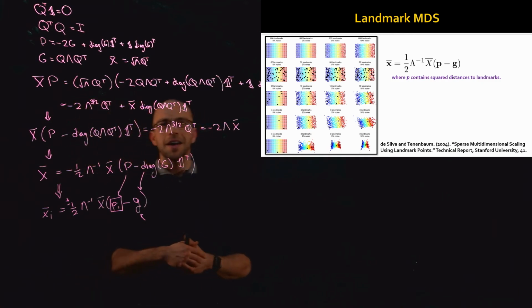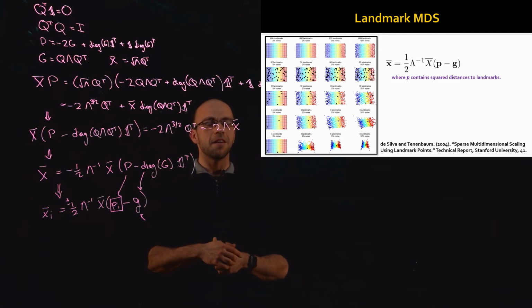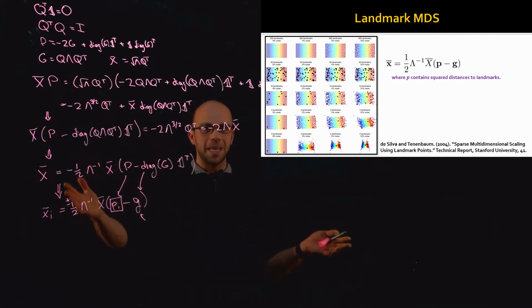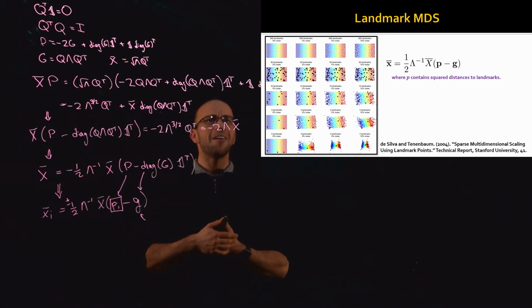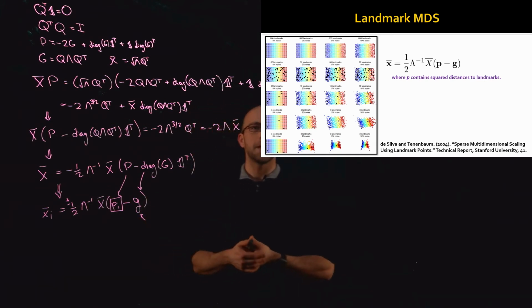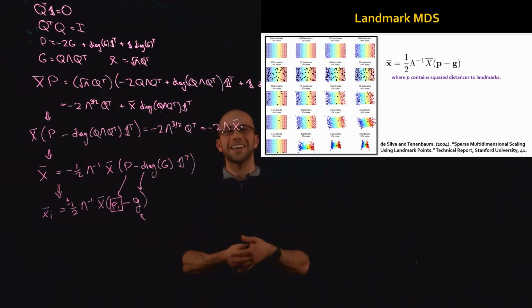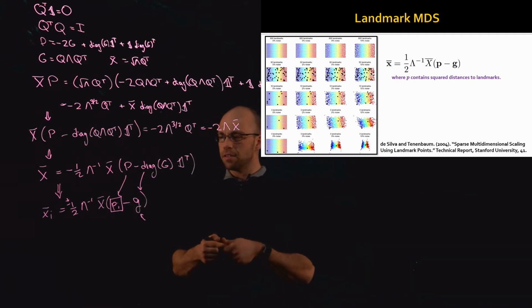Let's say that I go ahead and do MDS on some set of landmark points. Those are the points that are going to be in my matrix P. Now I want to extrapolate that embedding to a new data point that I haven't embedded yet, but I don't want to redo my eigenvalue computation. Then one way that I can do it is to use this expression.